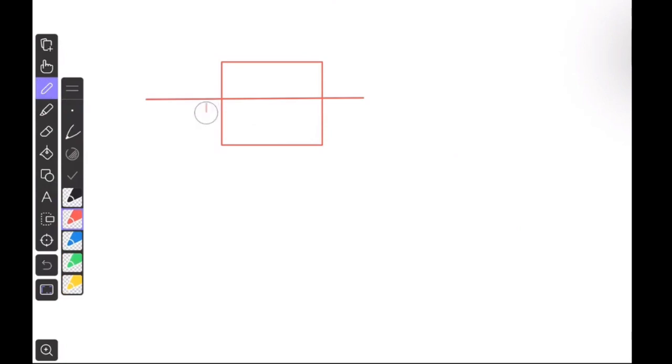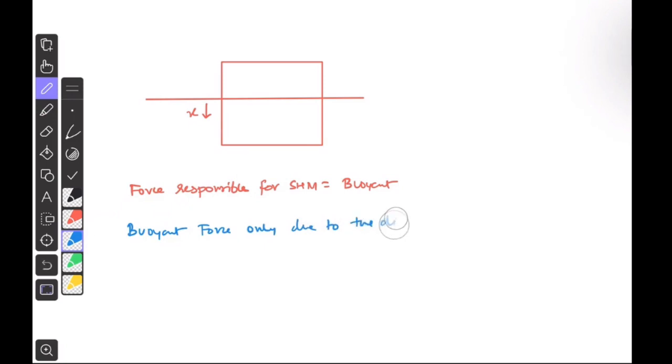Suppose if I displace this block further by x, so tell me which force causes SHM. So in this case, force responsible for SHM is the buoyant force. So buoyant force only due to the displacement x given to the block from mean position will be how much?